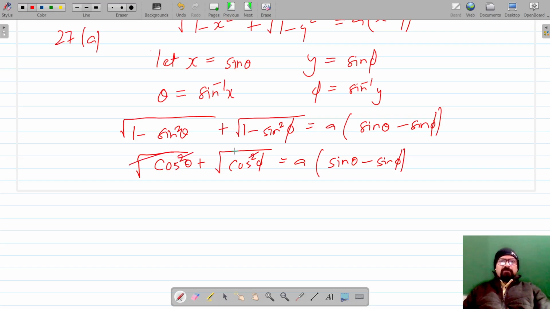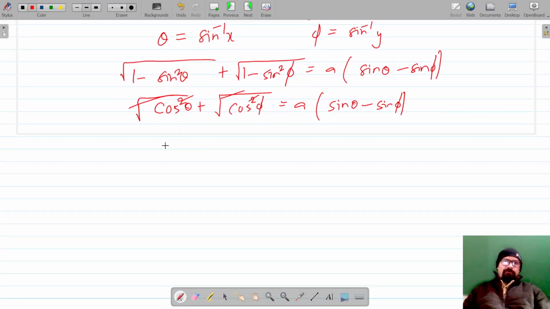This square gets cancelled with the square root. So this is now cos theta plus cos phi, and this is of the form sine theta minus sine phi.